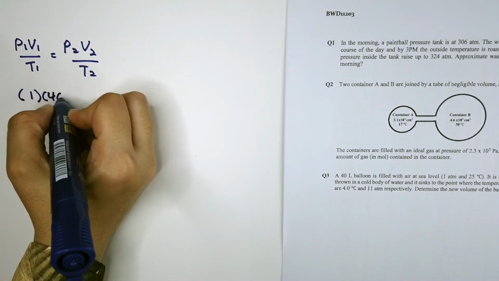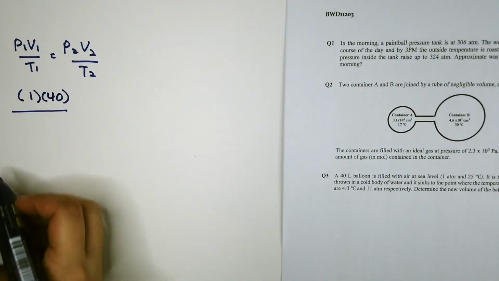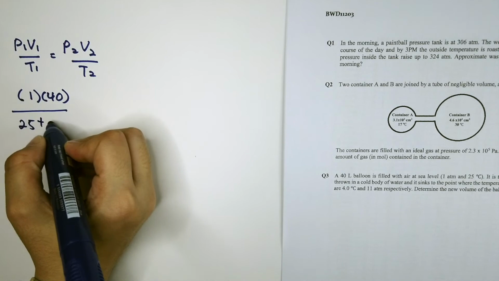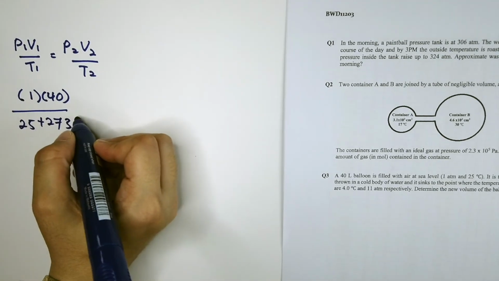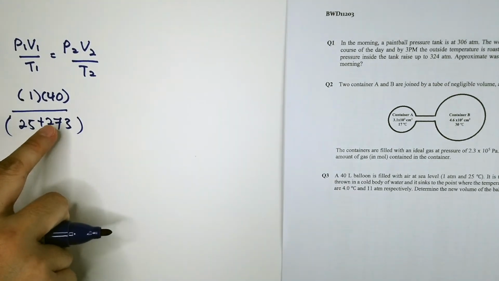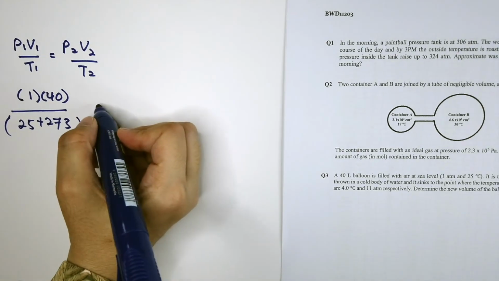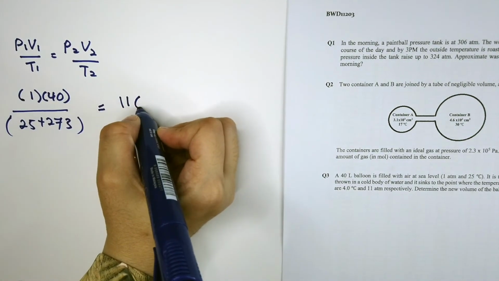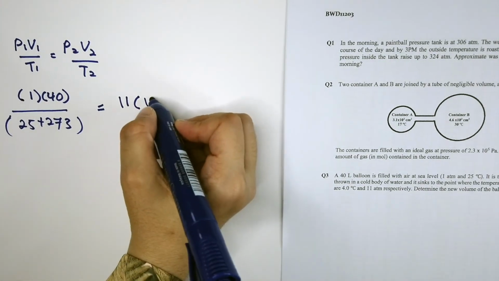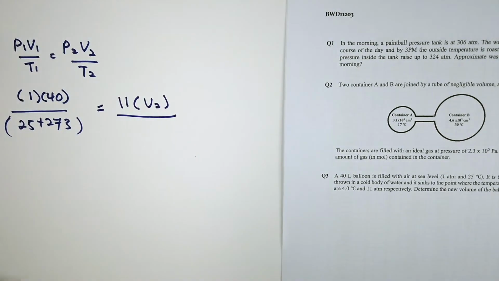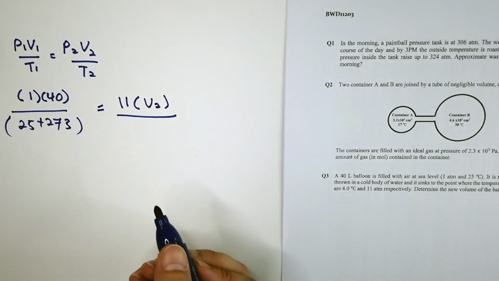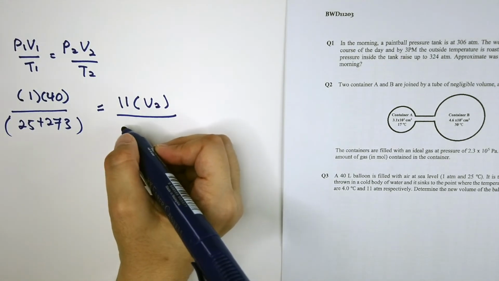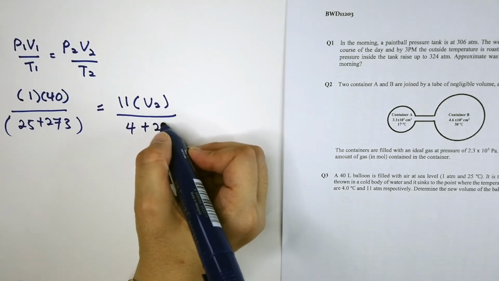Times 40, but the temperature at first is 25 degrees Celsius, so 25 plus 273, because you need to convert it to Kelvin, and then equivalent to the final pressure is 11 atm, and V2 is the thing that you want to calculate, and it states that the final temperature is 4 degrees Celsius, so 4 plus 273.